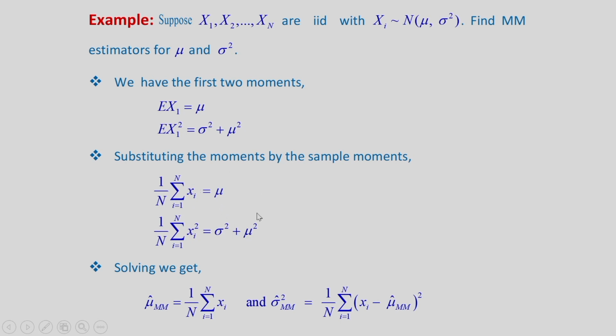If we solve these two equations in terms of mu and sigma square, we will get mu hat equal to 1 by n summation xi, i going from 1 to n, and sigma hat square equal to 1 by n summation of xi minus mu hat whole square, i going from 1 to n. So that way we got the estimators for the mean, that is mu, and for sigma square. This is the estimator for the mean, and this is the estimator for sigma square.